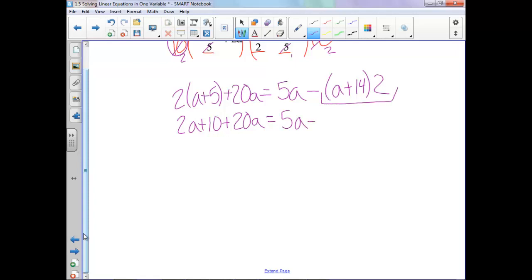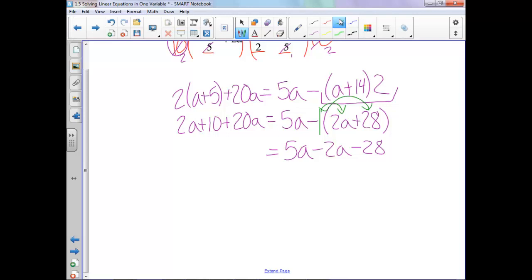So we still want to do subtracting this whole thing, so let's distribute first. 2a plus 28. And now we'll have to distribute this negative as well. So we'll have 5a minus 2a minus 28. Because that's like there's a negative 1 here, and this negative 1 has to get distributed to everything.